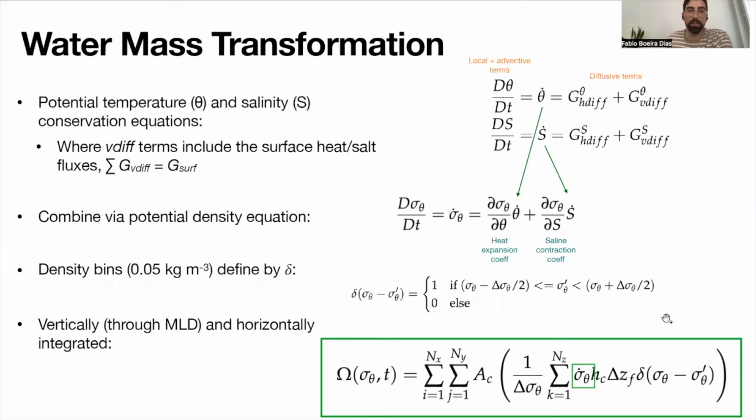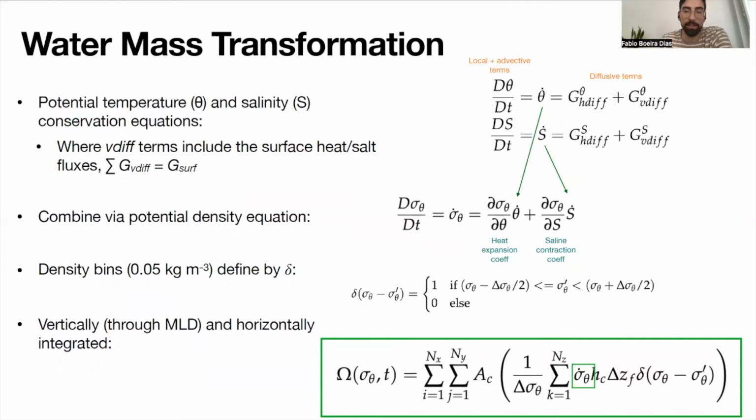So very briefly, the water mass transformation quantifies the rates of transformation towards heavier or lighter density classes. And here you use the heat and salt budget diagnostics based on the potential temperature and salinity conservation equations. These equations have terms to quantify the local contribution, the temporal tendency in temperature and salinity, and decompose this tendency into contributions from advective, diffusive, and surface flux processes.